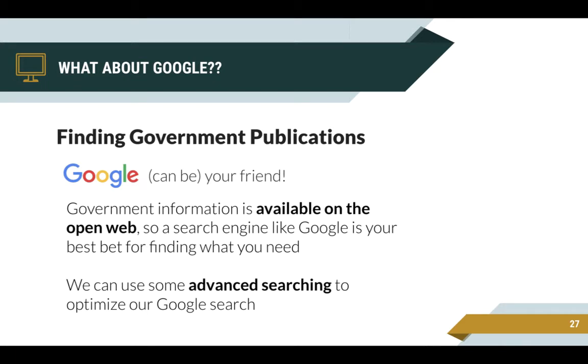We can also use some advanced searching to optimize our Google search. So the Boolean operators and tricks that I discussed earlier in the video can also be really helpful in Google. So putting a phrase in quotation marks, etc.